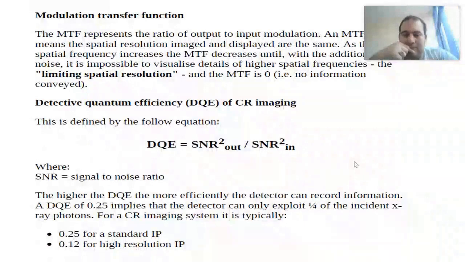So what does it express? It expresses the relationship between the signal to noise ratio for the output, which is the signal to noise ratio squared, and the input. You will always find that the signal to noise ratio is the same concept as the detector I was talking about earlier.